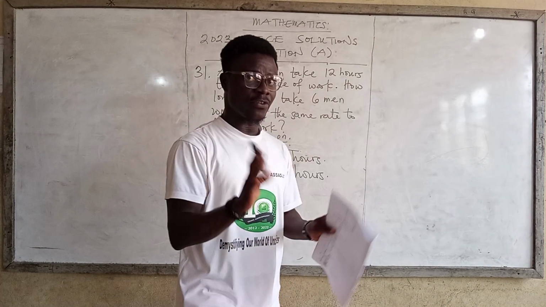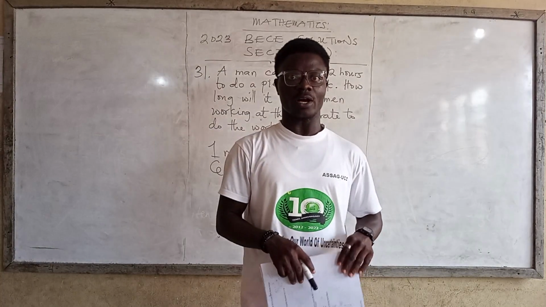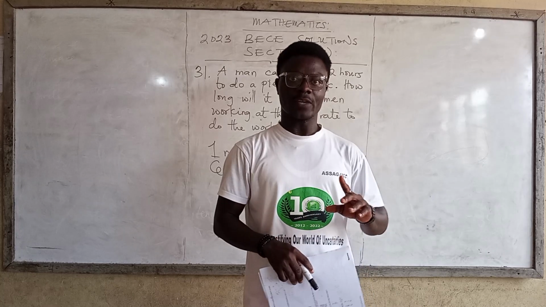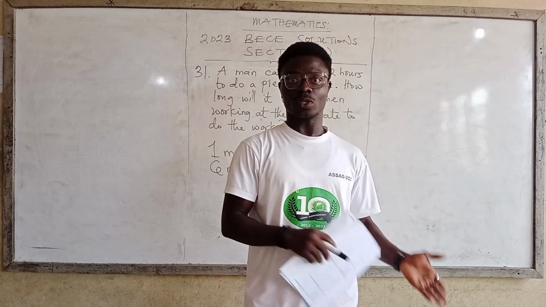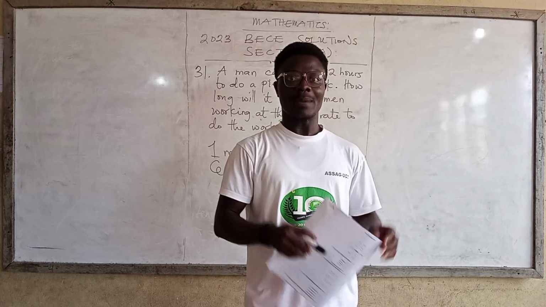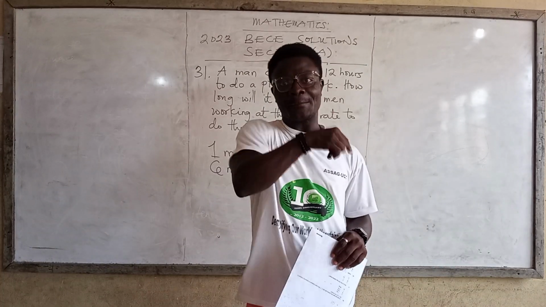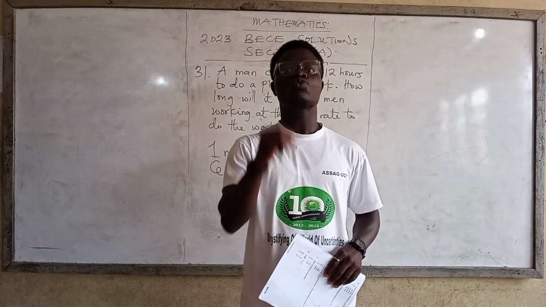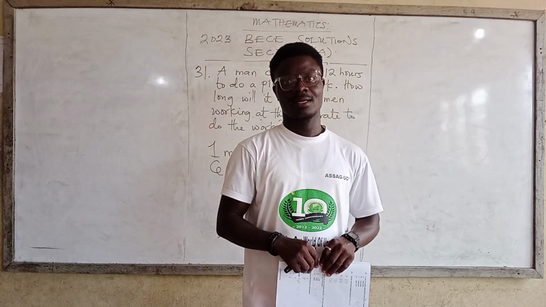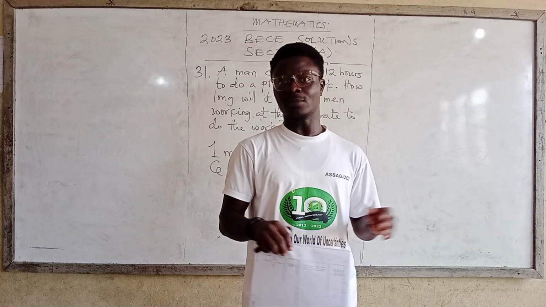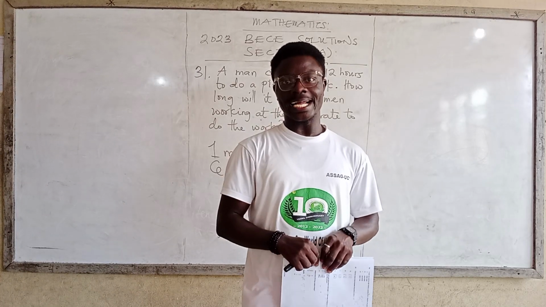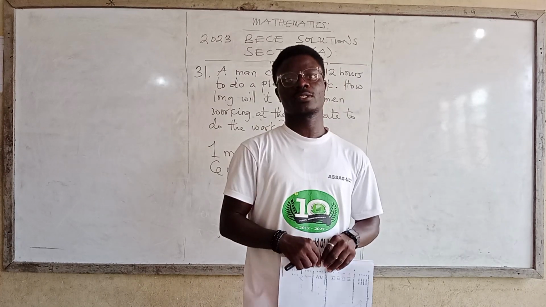So it is very obvious and trivial here that if you give one man the same piece of work, he spends 12 hours, right? But this time around, I'm giving the piece of work to 6 men. How long will they complete the piece of work? Which means the time will reduce.